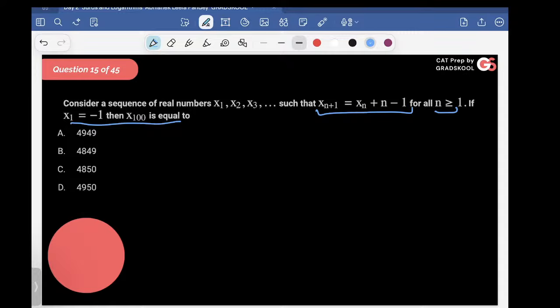तो पैटर्न वाला क्वेश्चन है, सिंपल है ना। So you put n as 1 here, you'll get x2 is equal to x1 plus 1 minus 1.